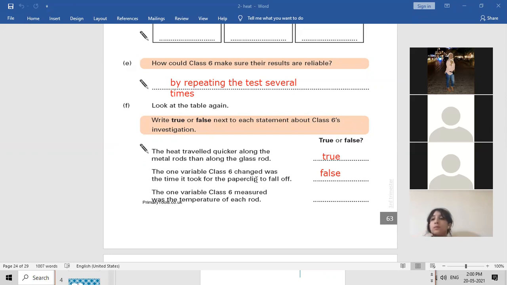The next one, the one variable class 6 measured was the temperature of each rod. Did they measure the temperature of each rod? Ruqayya, can you tell me, is that what they measured? No. What did they measure?